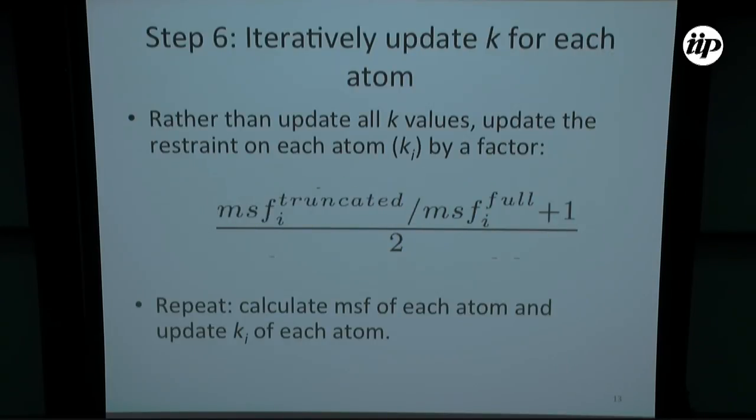If our fluctuations are too small, this will be a smaller value, and the Ks will be reduced. If the fluctuations are too large, this factor will be greater than 1, and the Ks will be increased to bring down those fluctuations. So we do this at each step, and we update all of the K values, but now they're done heterogeneously. So every atom's restraints are getting tuned to try to match these boundary conditions.